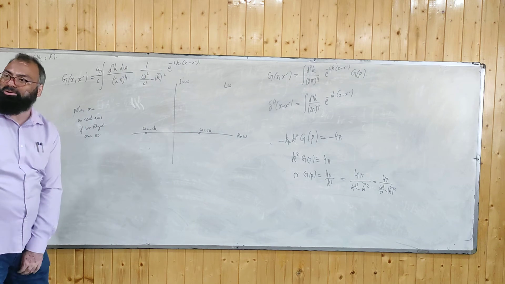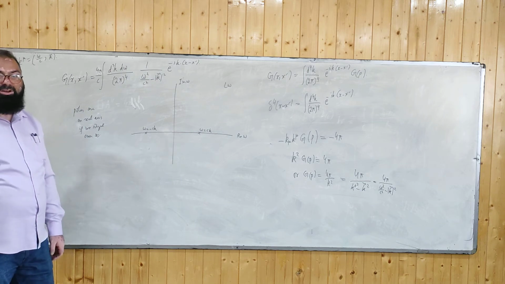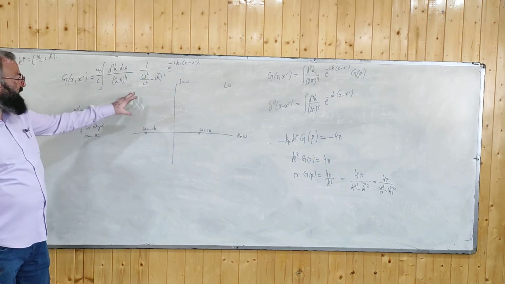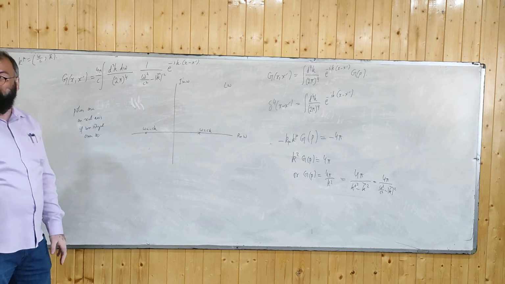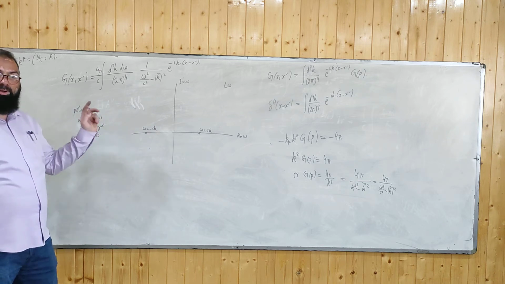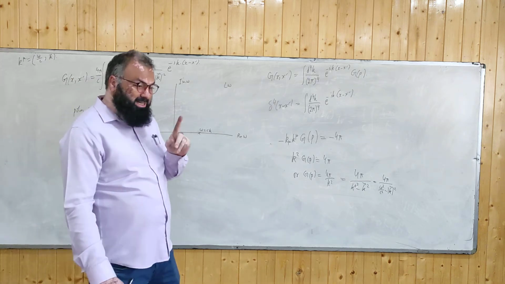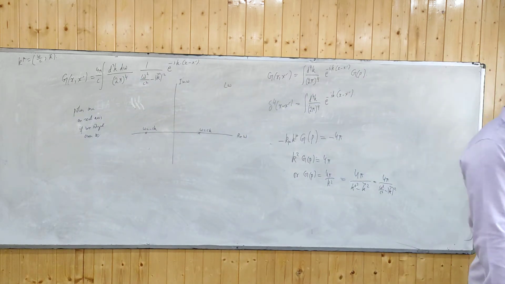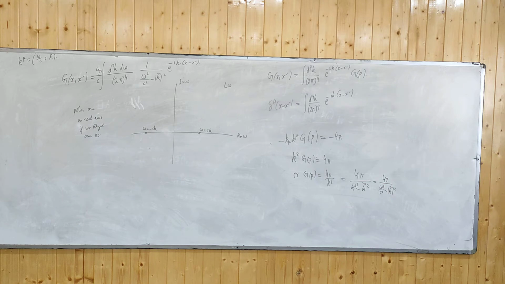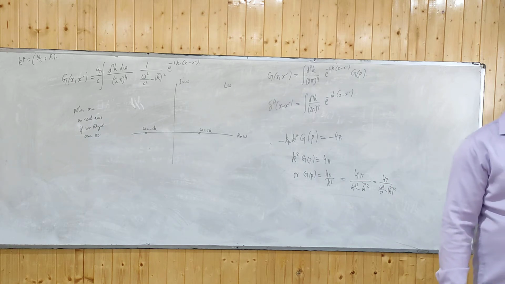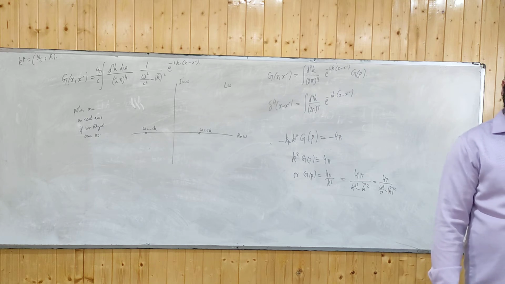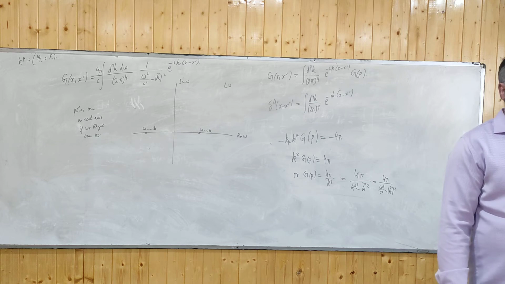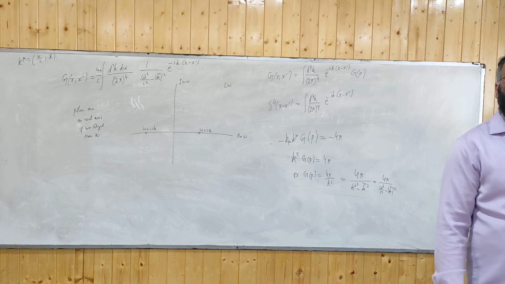Now how to choose the contour? If I try to integrate over omega, I need to choose the contour. When you solve such kind of integrals, choosing a contour means defining a boundary condition for the problem. If you are having poles along the real axis, the way you choose the contour to solve that integral implies you are choosing a boundary condition.